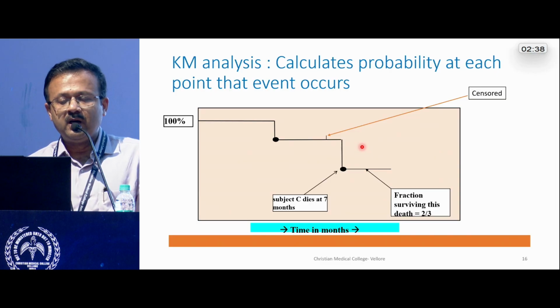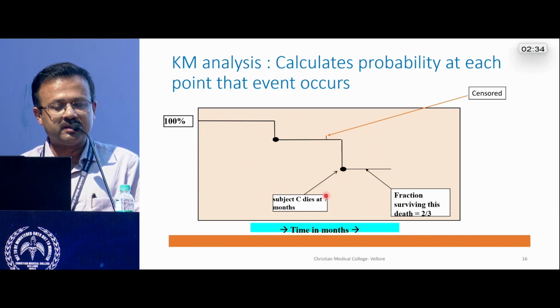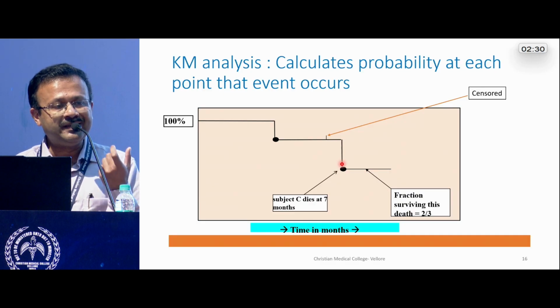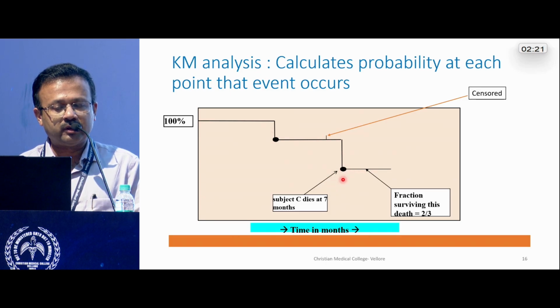When at the 7th month 1 more patient dies, at this point there are only 3 patients on follow-up. One had expired already, one is censored, and out of the 3 patients, now the second patient has died. So 2 out of 3 mortality.